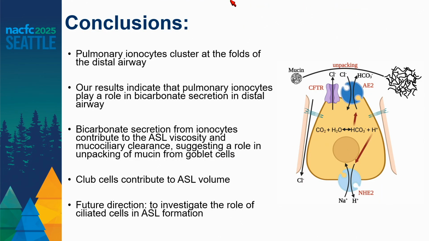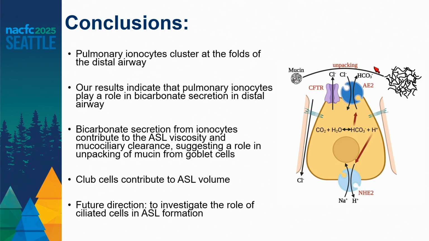So in summary, we think preliminarily that ionocytes cluster in the folds of the distal airway, and our microelectrode experiments show that ionocytes play a role in bicarbonate secretion in the distal airway. So we hypothesize that the bicarbonate secreted through ionocytes affects the mucin secreted from mucin 5AC and mucin 5B cells.